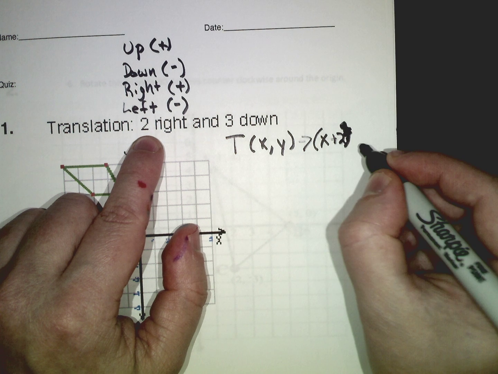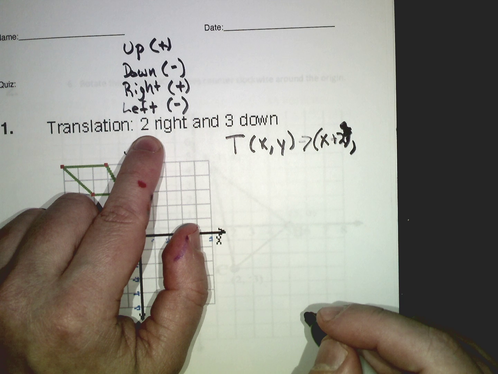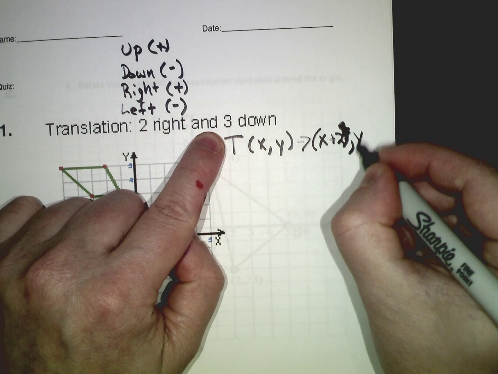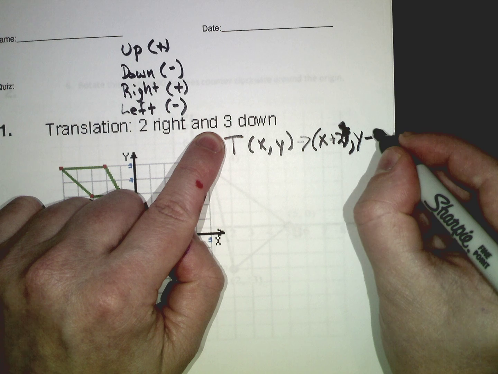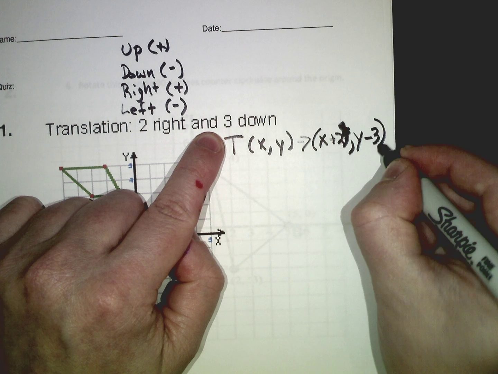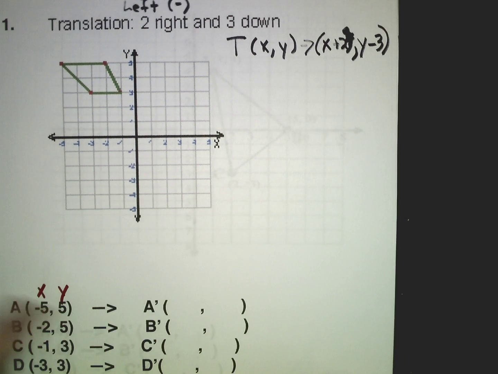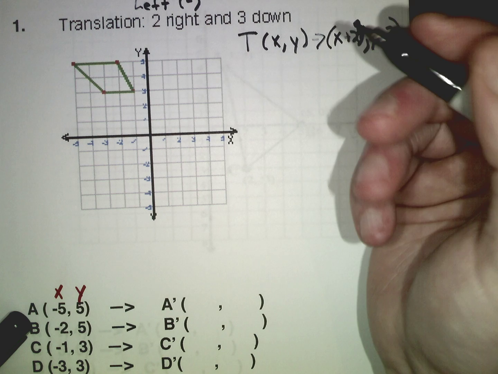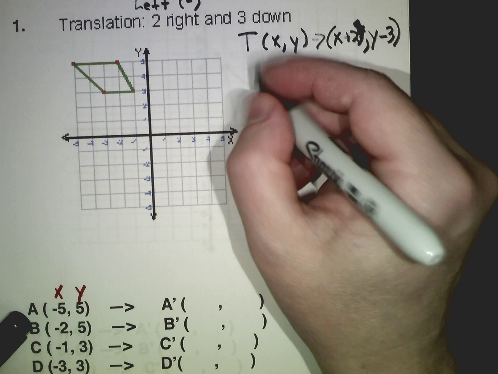Comma. And then I'm going to go down 3. So that means I take whatever y is, and I subtract 3. So all these numbers, we'll see that what we're going to do is very, very simple.